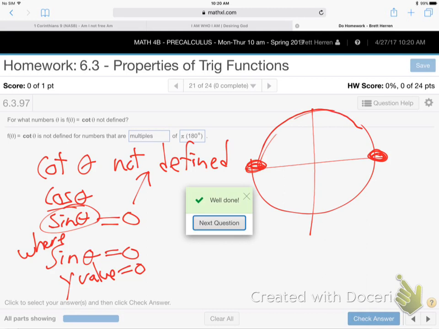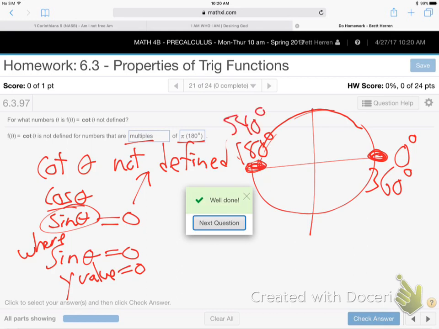So what are those angles? 0, 180, whoops, 180. I'm an 80 problem. 180, and it'll be any multiples of 180. Because this is 360, that's 2 180s, and this is another 180. What's 360 and 180? It'd be 540, and on you go.